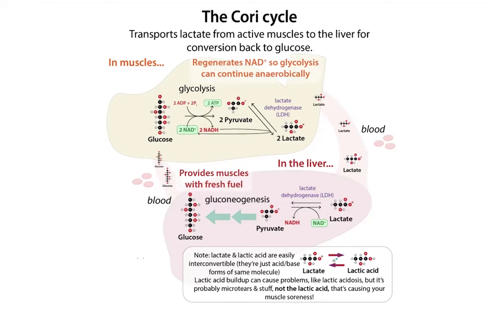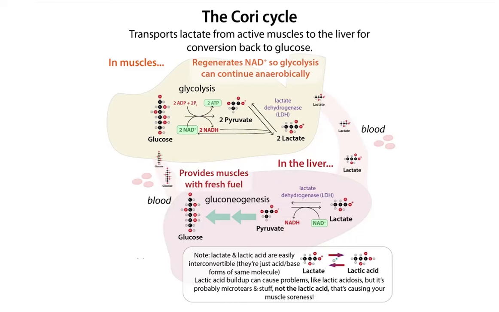So like we saw in the Cori cycle, the muscles are kind of making the liver do a lot of hard work often. In the case of the Cori cycle, the muscles are breaking down glucose to give pyruvate through glycolysis. That was leaving them with NADH, but they didn't have enough oxygen to go through the citric acid cycle and the electron transport chain. And so the NADH would build up.